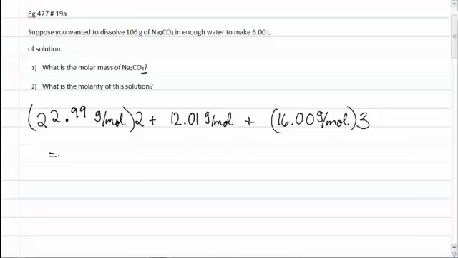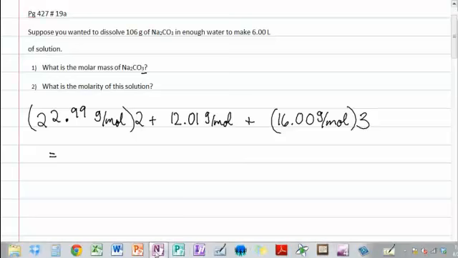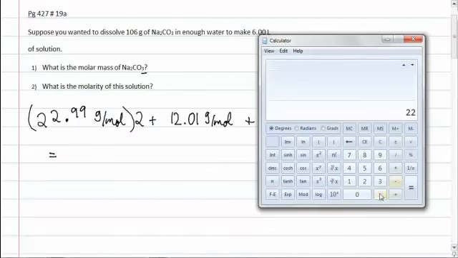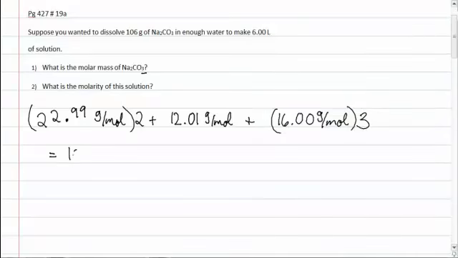We multiply that together, and get 105.99 grams per mole. So that's the answer to part 1.